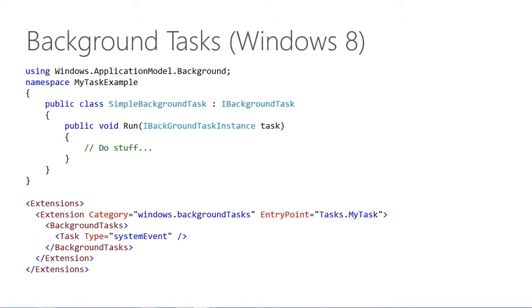So let's look at a couple of examples here. This is the Windows 8 example, where I have a simple background task that's implementing the IBackgroundTask interface. And so here I'm overriding the Run method, and I'm doing stuff. And then, of course, in my manifest, there's my background task.